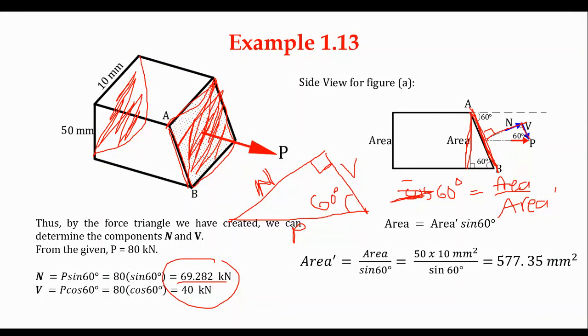Sine 60 kasi opposite man din na si area. Again, tanawan ni na triangle. Sine 60 is equal to area over area prime. So therefore, area prime is equal to area divided by sine 60. Yung area kanina that was 50 by 10 divided by sine 60. Therefore, we can have the area prime 577.35 millimeters squared.